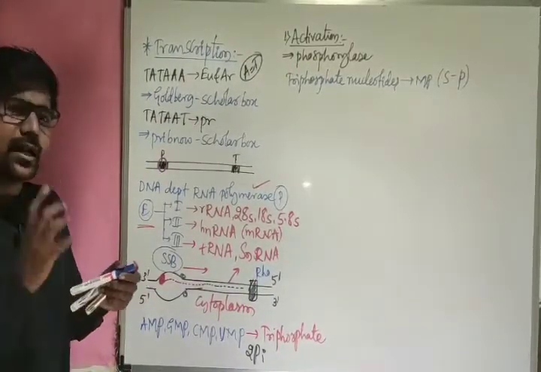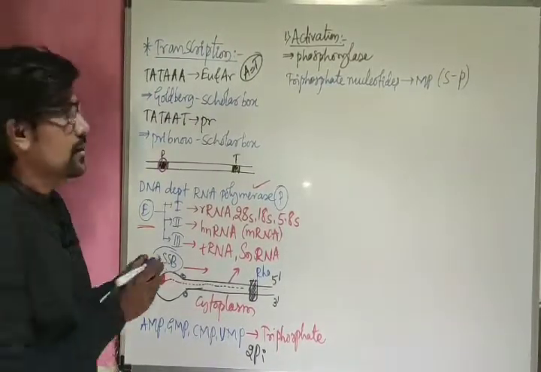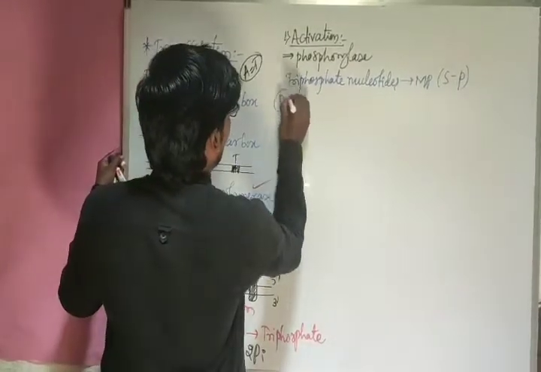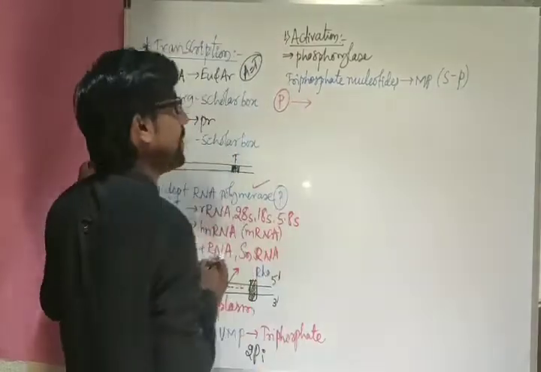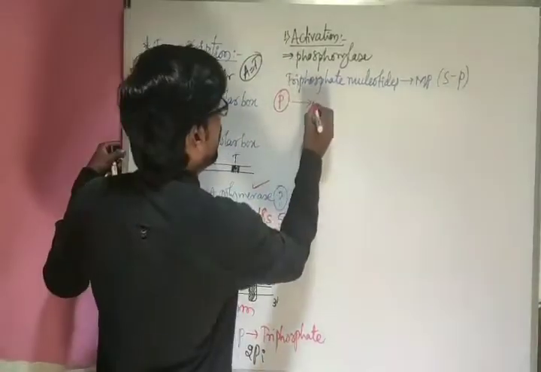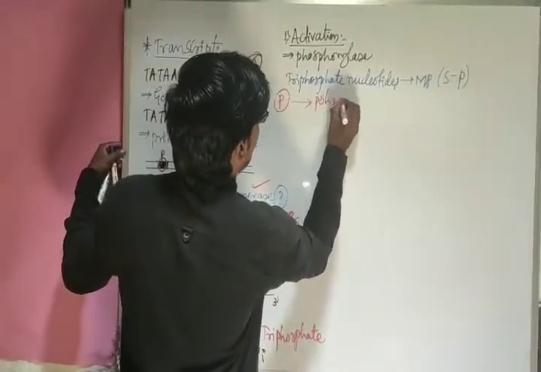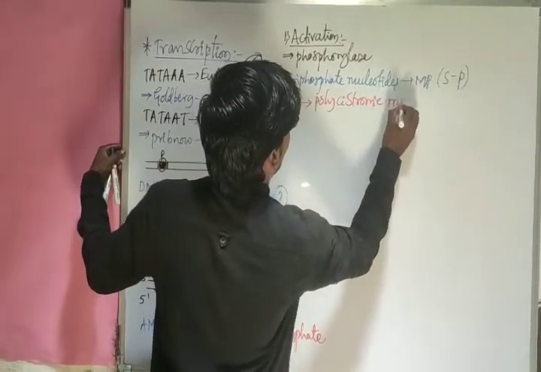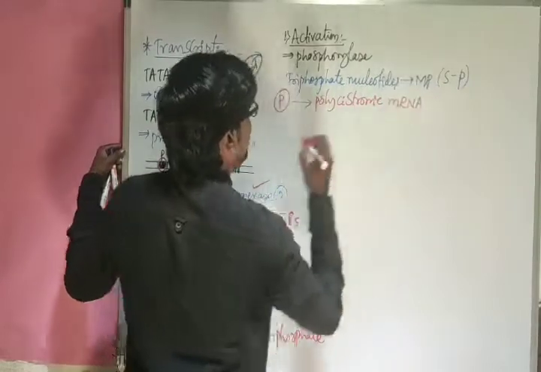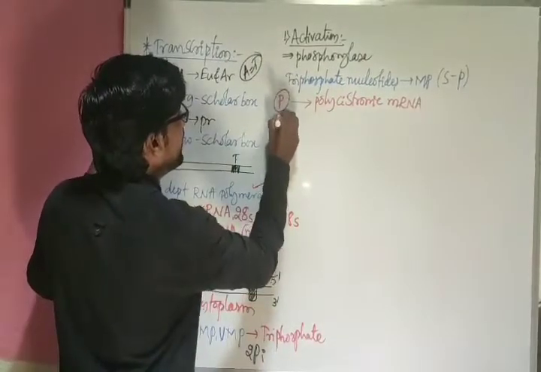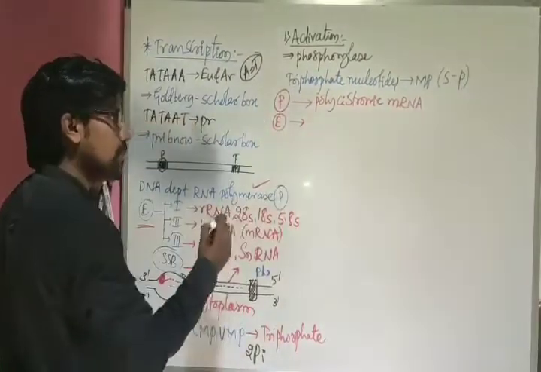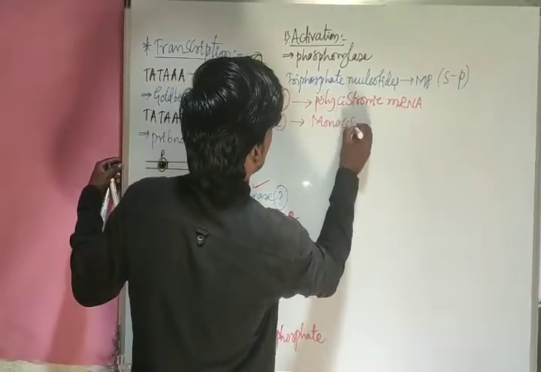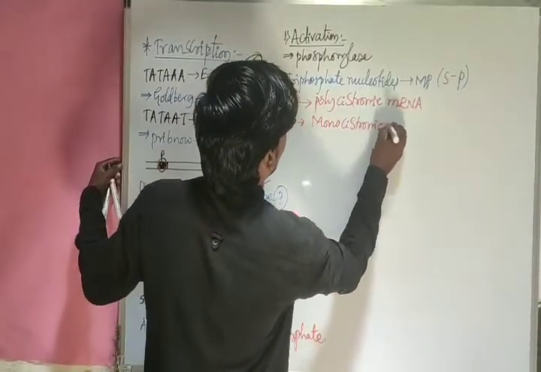But the thing is a little bit different here. In the case of prokaryotes, whatever the mRNA gets produced here, we will call that mRNA as polycistronic mRNA. And in case of eukaryotes, whatever the mRNA gets produced, that mRNA we will consider it as monocistronic mRNA.